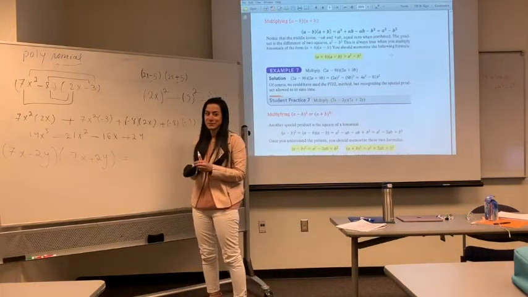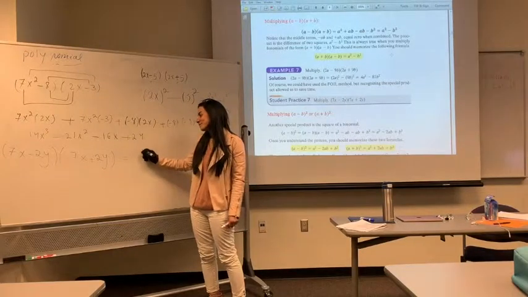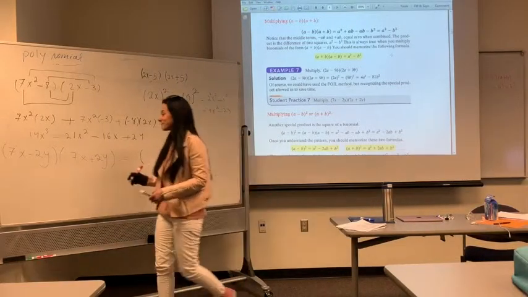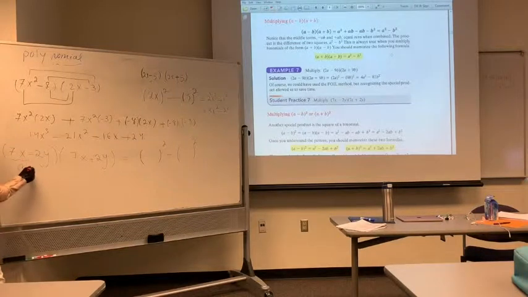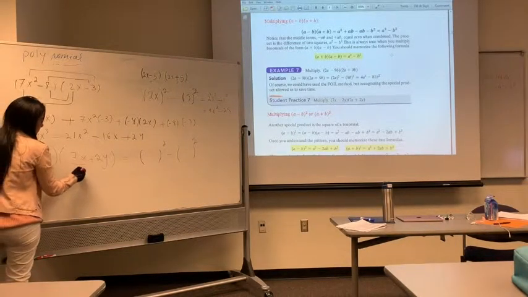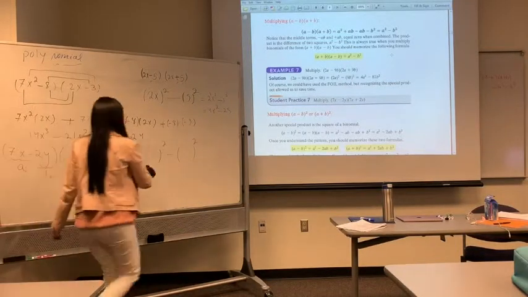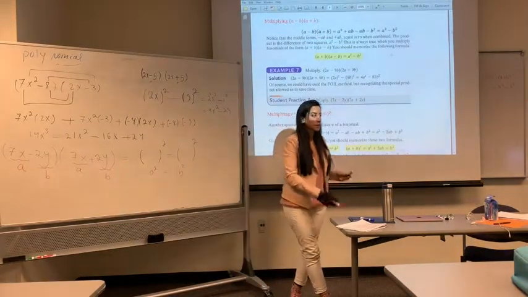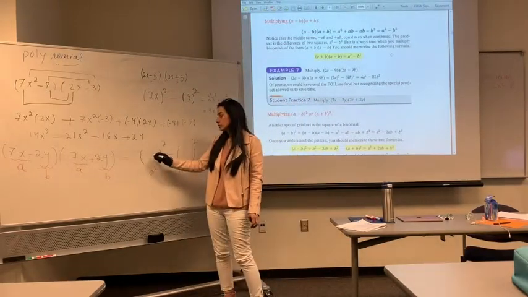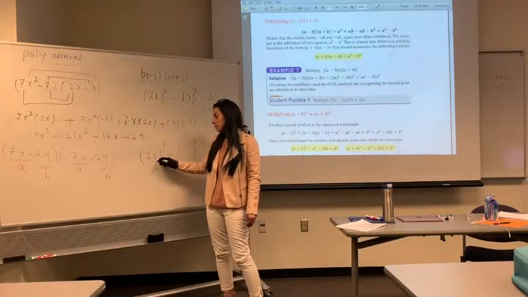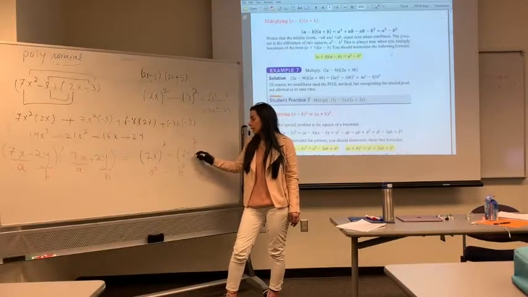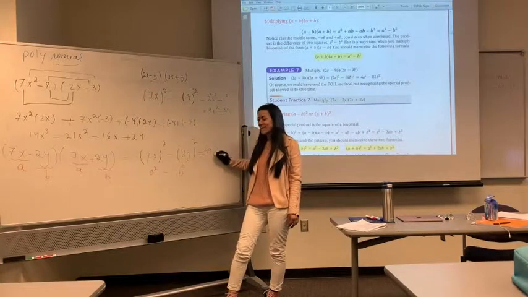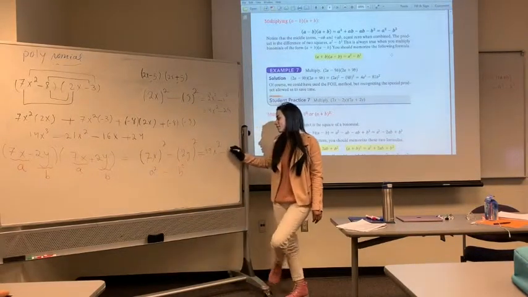So most of you already solved it, huh? So, 7x power 2 minus 2y power 2 equals 49x squared minus 4y squared.